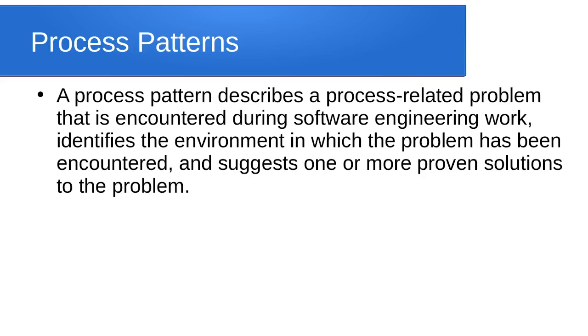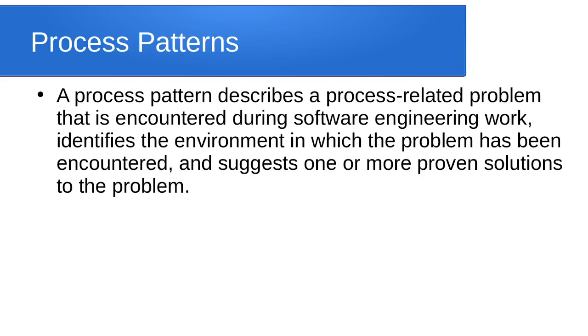Such things are kept written as a document, and such a thing is called a process pattern. So a pattern is what is actually happening. Sometimes these particular things happen, and if they happen, what do we do in certain situations. These are the particular things about process patterns.